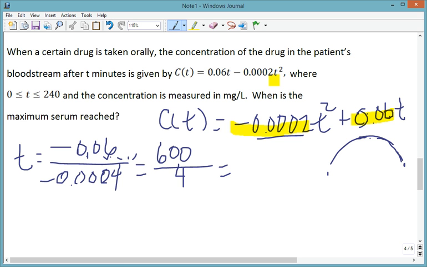And when I take 600 divided by 4, well, half of 600 would be 300, and half of that would be 150. So 150 minutes, right? After 150 minutes, the drug is at its maximum level in your bloodstream.